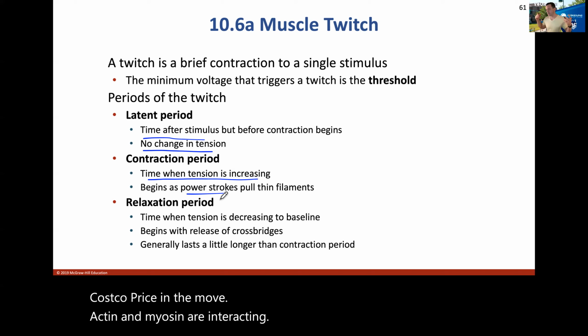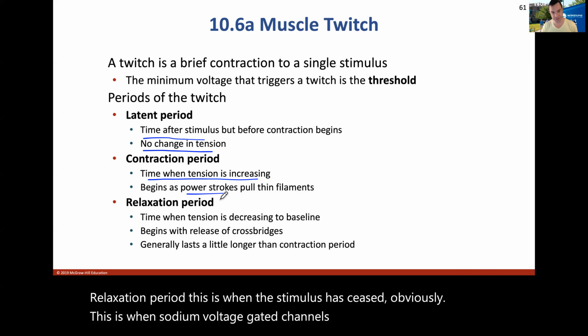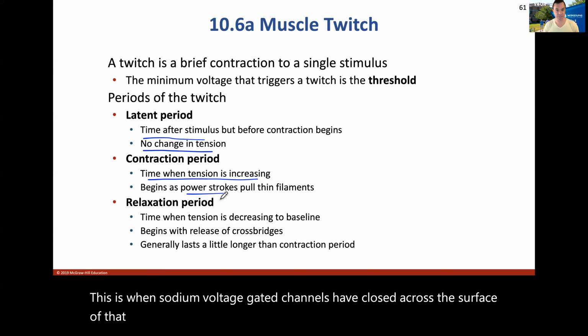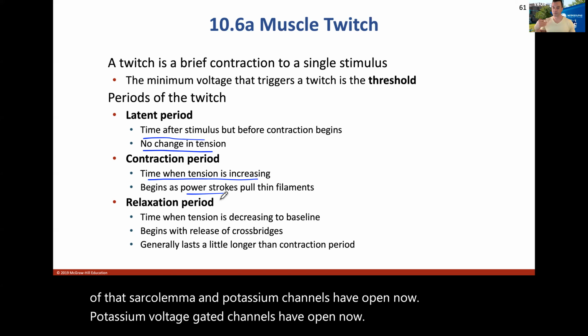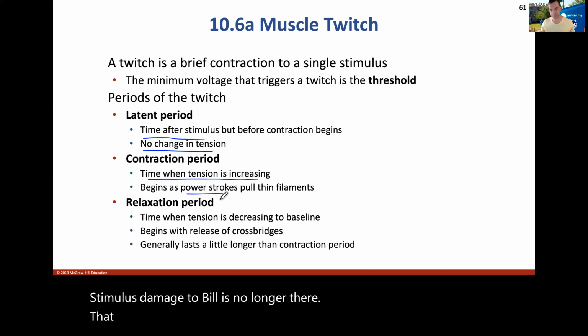Relaxation period. This is when the stimulus has ceased, obviously. This is when sodium voltage gated channels have closed across the surface of that sarcolemma, and potassium voltage gated channels have opened now. Stimulus down the T-tubule is no longer there. That triggers calcium to be re-upped back into the sarcoplasmic reticulum and cisterna.